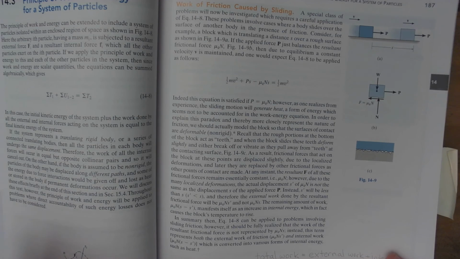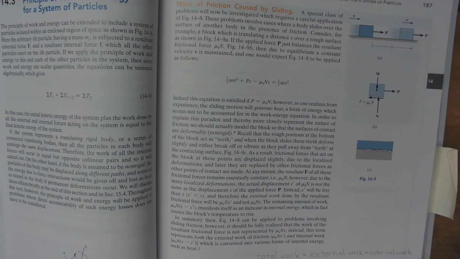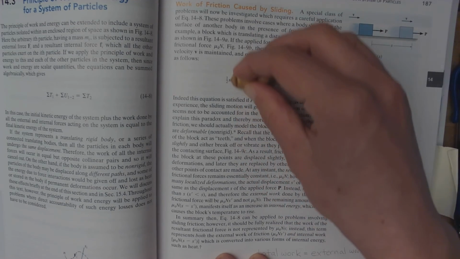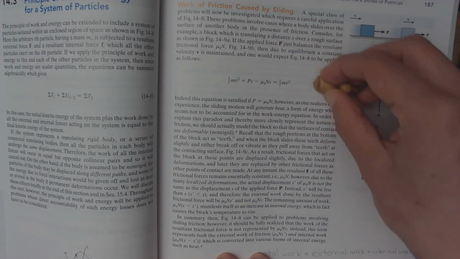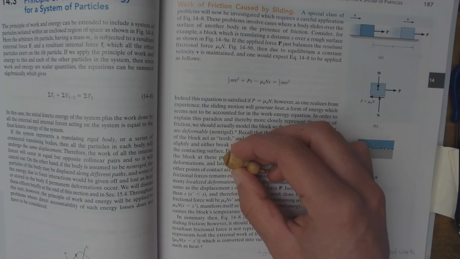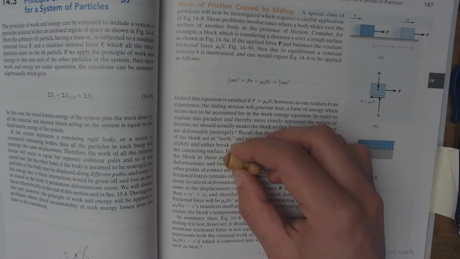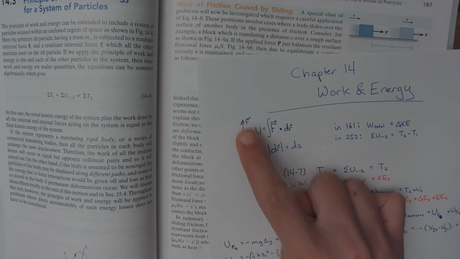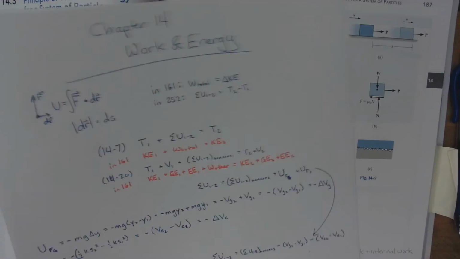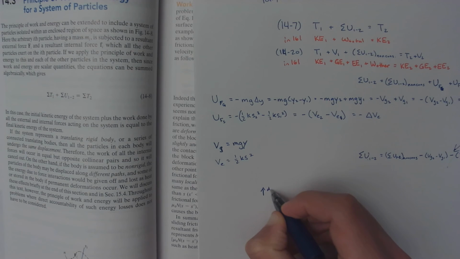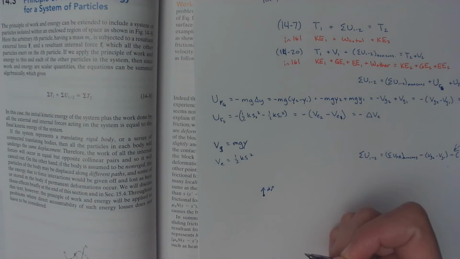Friction is not a conservative force because if you take something and you slide it this way and then slide it this way and come back to where you started, the work done by the force of friction in that case is not 0. So remember we talked about the angle between the force and the displacement. If you're sliding something this way, your displacement's pointing in this direction.